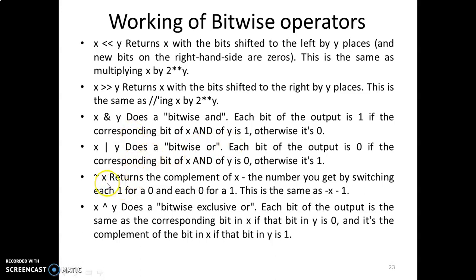Now let's see what this bitwise NOT does. Bitwise NOT is represented as tilde X. It returns the complement of X, that is the number you get by switching each 1 for a 0 and each 0 for a 1. An easier way to remember this is simply that bitwise NOT X would be equal to minus X minus 1.